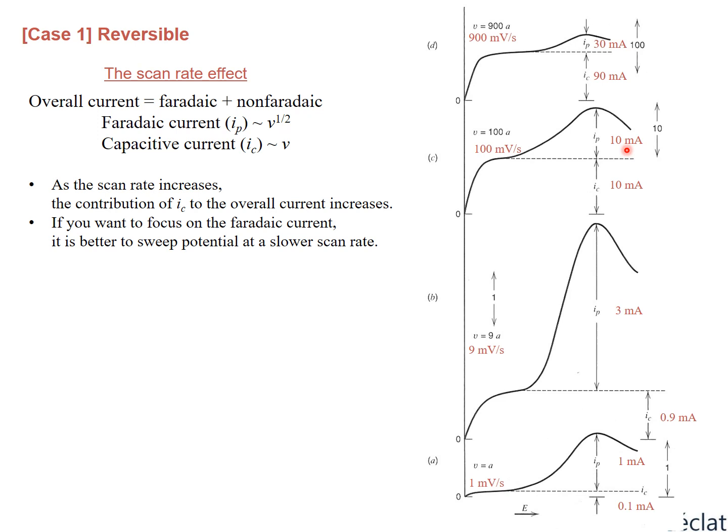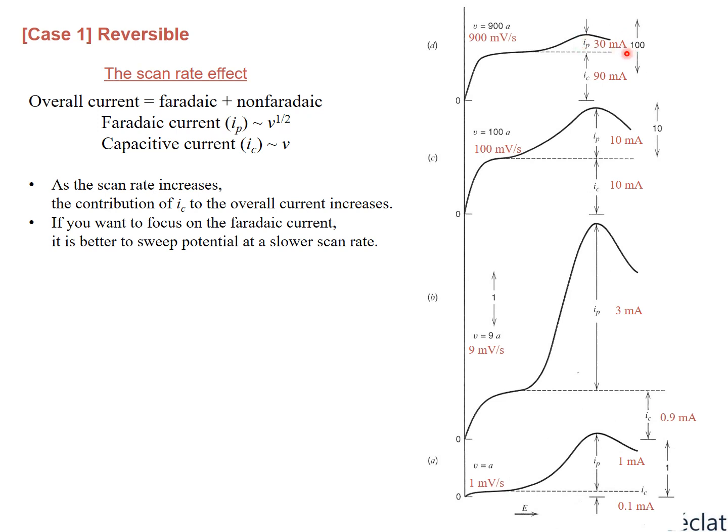So half to half. And moreover, I have increased to 900 millivolt per second. It means 900x. So 0.1 times 900 is going to 90. However, 1 times the square root of 900 is going to 30 milliampere.